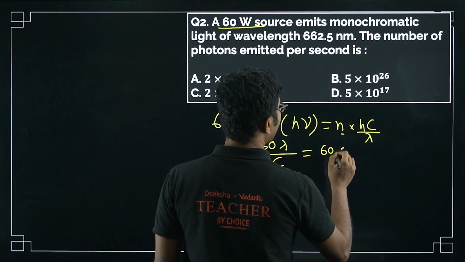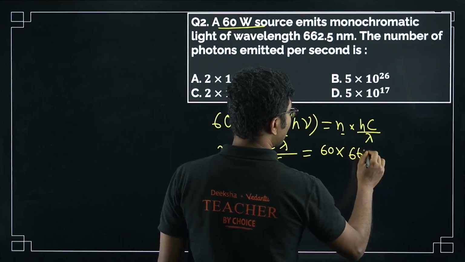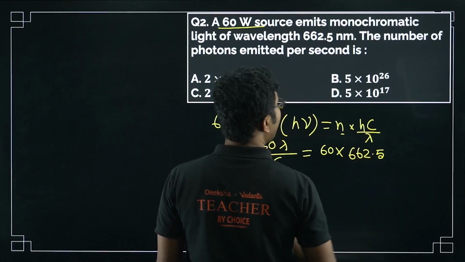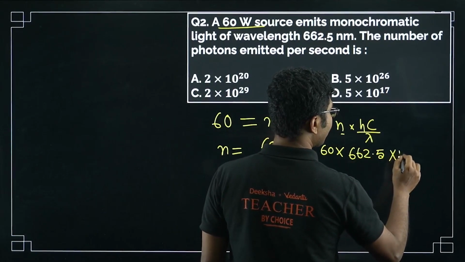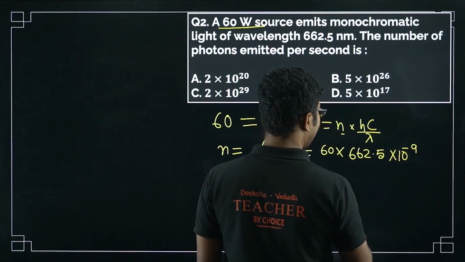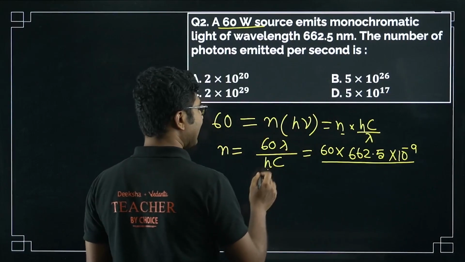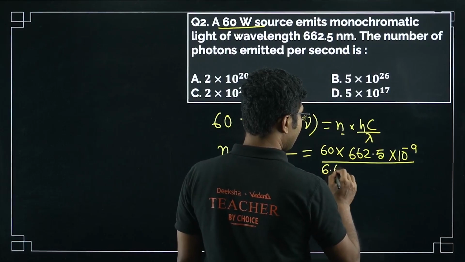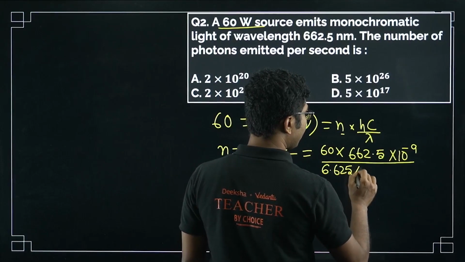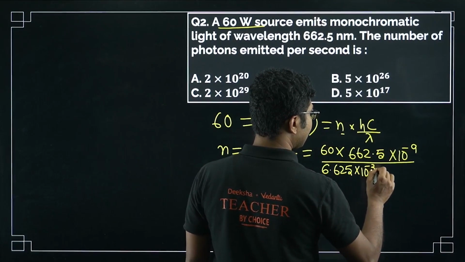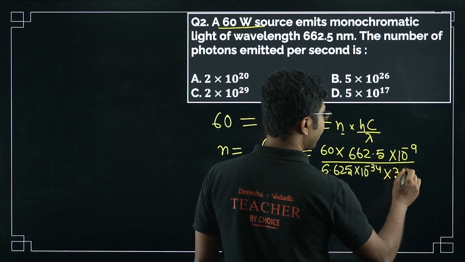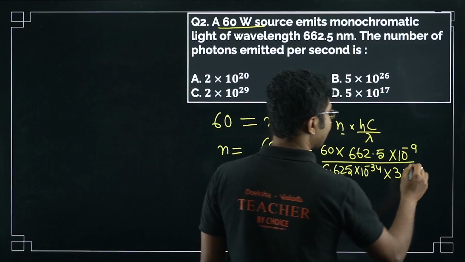So 60 into 662.5 nanometer, where nanometer means 10 to the power of minus 9, divided by h, which is 6.625 into 10 to the power of minus 34, into c, which is 3 into 10 to the power of 8.